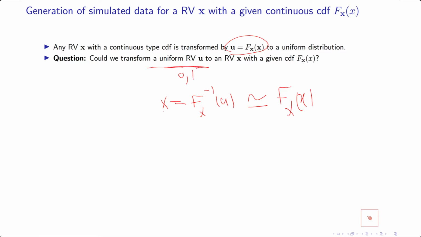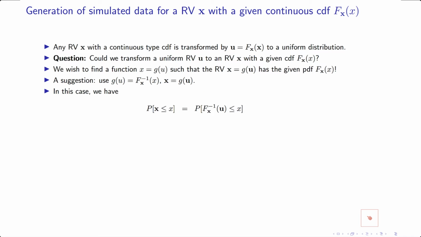So we could transform a uniformly distributed random variable between 0 and 1 to the random variable x. We transform it back to x and we get the CDF of x. So if the CDF is given to you, you calculate the inverse formula for the CDF, you generate a uniform random variable, apply it to the inverse, and then you get the distribution you want.